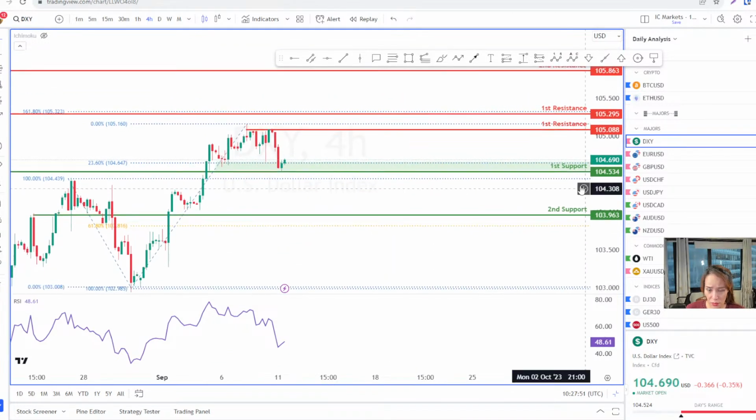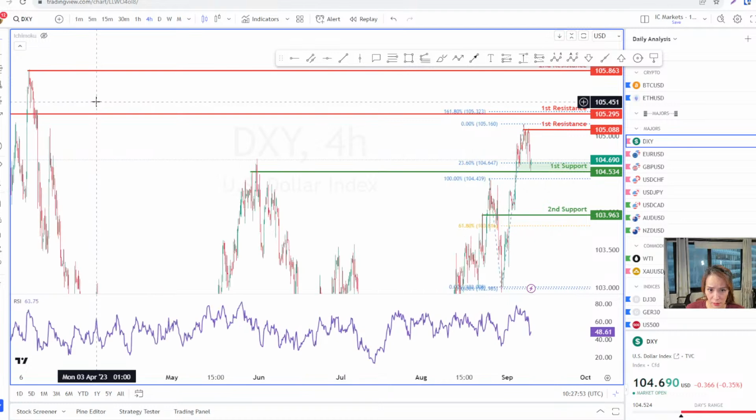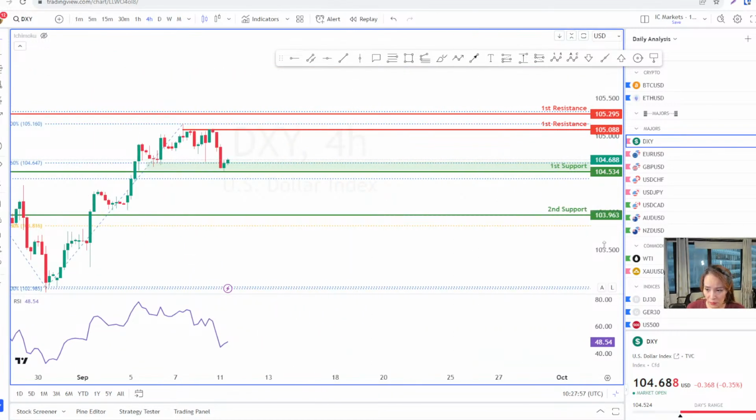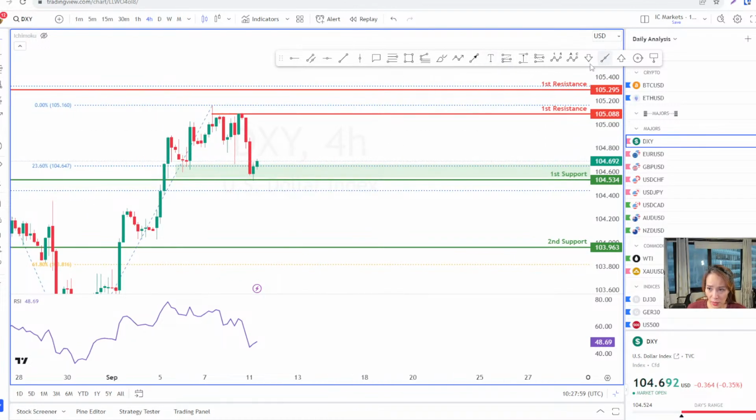Going to H4. So what you can see here is a negative correlation, right? If the DXY is rising, gold is falling. Okay, gold is falling.